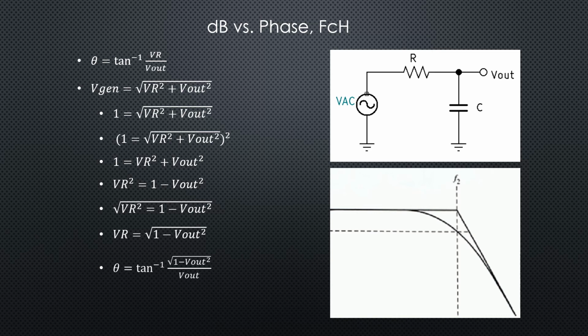Now, if we just keep everything in terms of percentages, or we just call our generator a 1, we can then do the math and solve for VR, where we get VR is equal to the square root of 1 minus V out squared.